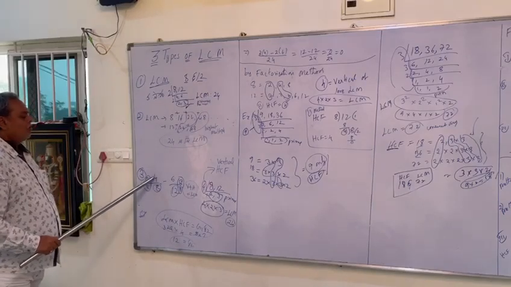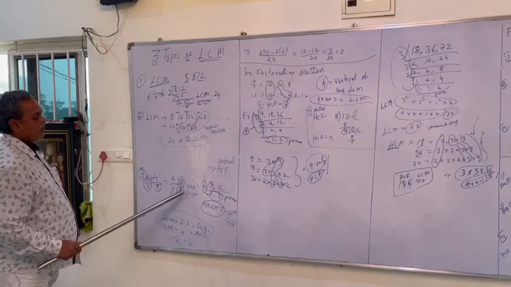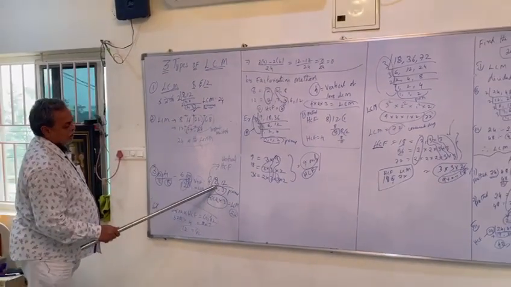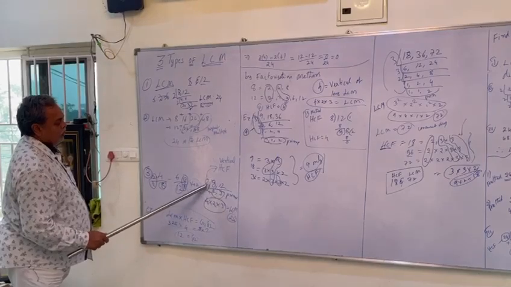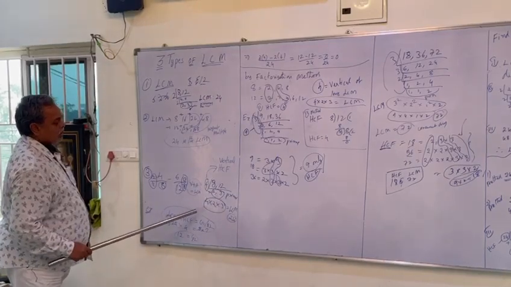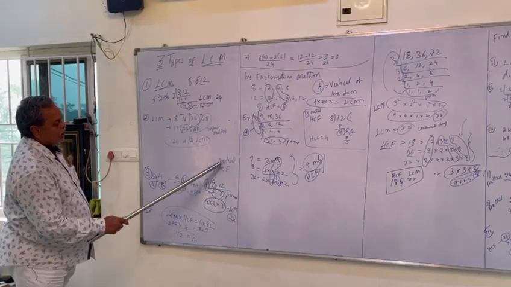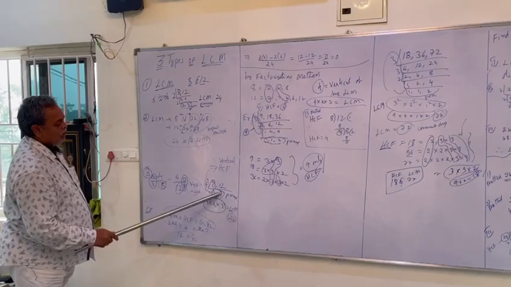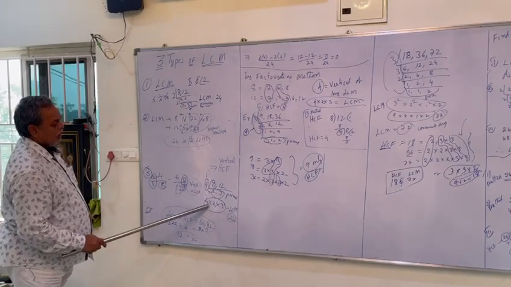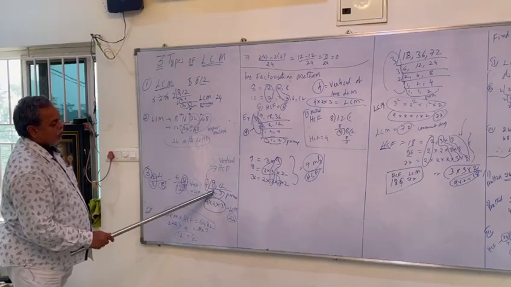Third method: LCM is 4 by 8 minus 6 by 12. Here we have taken the long division method for 8 and 12. 4 2s are 8, 4 3s are 12. That's why the 4 in the vertical is the HCF, and 4 into 2 into 3 is the LCM. Here we don't include primes.